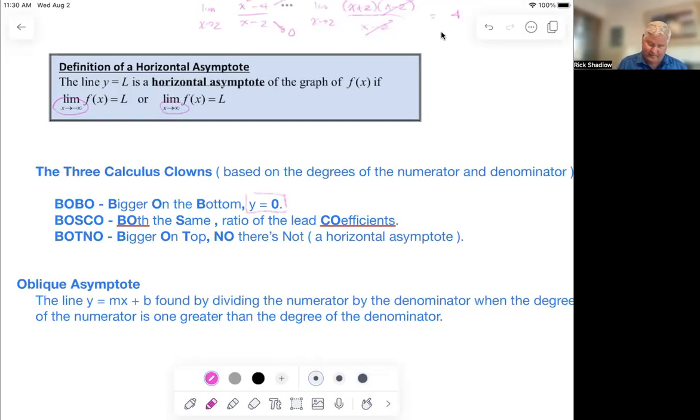And if the degree of the numerator and the degree of the denominator are the same, then it's just the ratio of the lead coefficients.